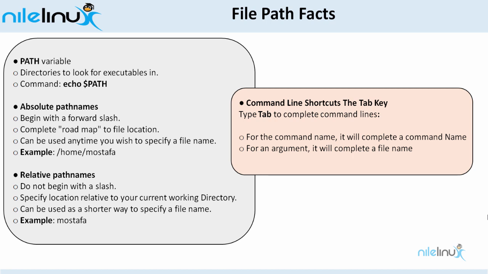We can use the pwd command to print the current working directory, or where I am in the file system. Also, we have the PATH variable, which contains the list of directories containing the executable files. And finally, we can use the tab autocompletion feature of the bash shell to avoid a lot of typing.